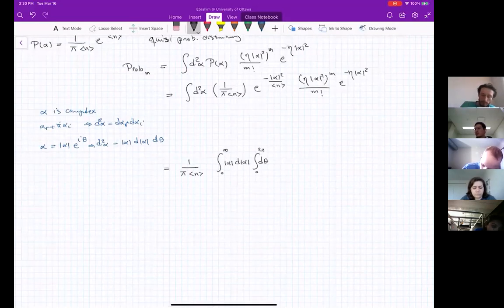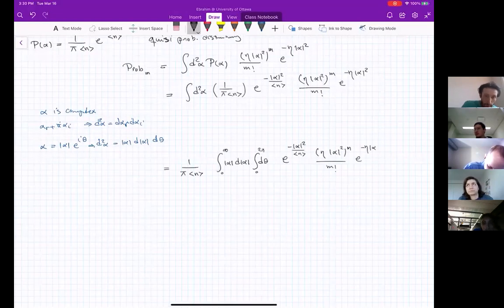Then we have e to the power of minus alpha squared divided by n, and then eta alpha squared to the power of m divided by m factorial, e to the power of minus eta alpha squared. Good.